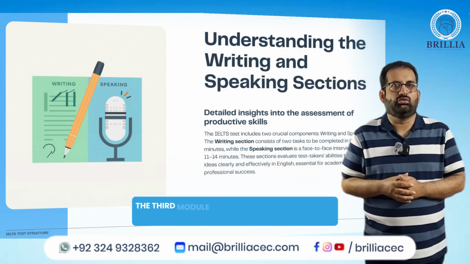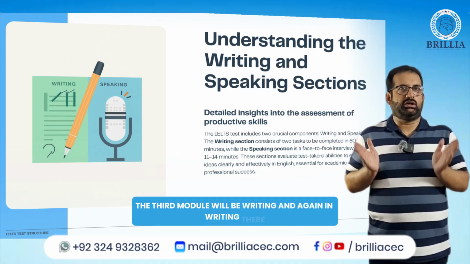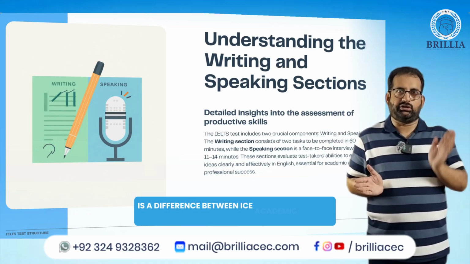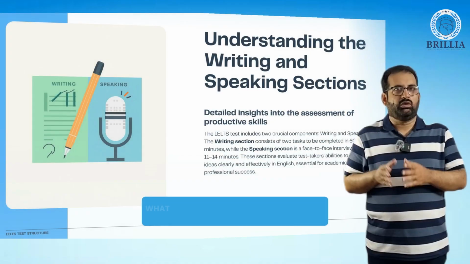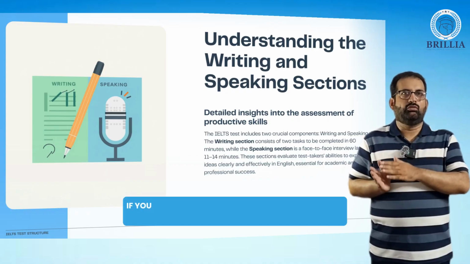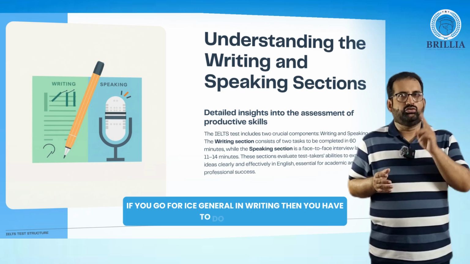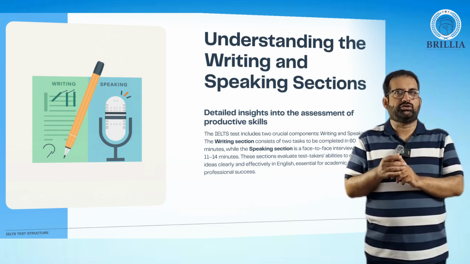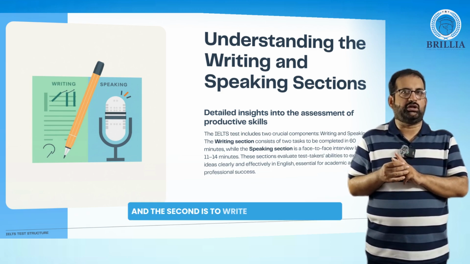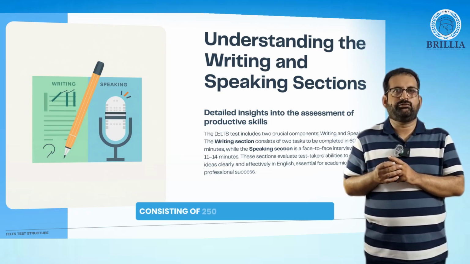The third module will be writing. And again, in writing, there is a difference between IELTS Academic and IELTS General. What is the difference? Let me tell you. If you go for IELTS General in writing, then you have to do 2 tasks. One is to write a letter and the second is to write an essay consisting of 250 words.